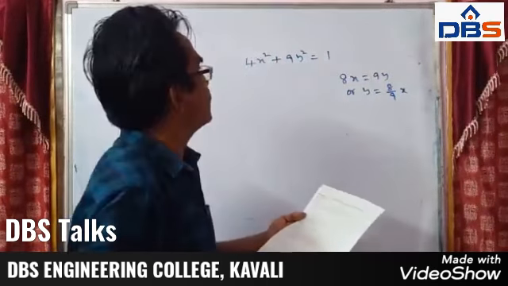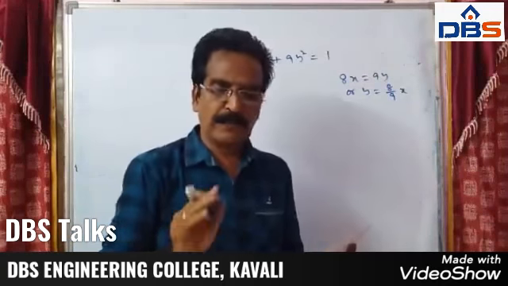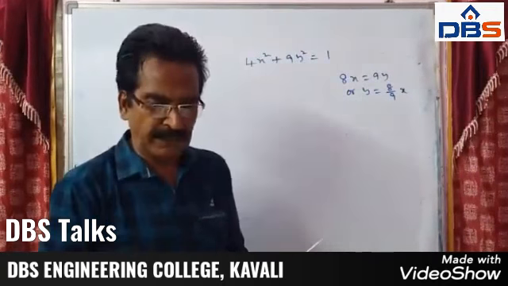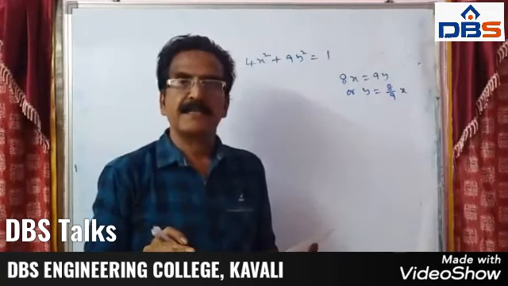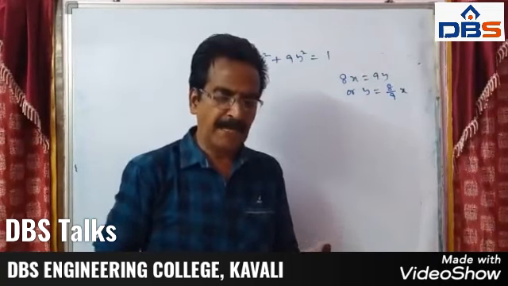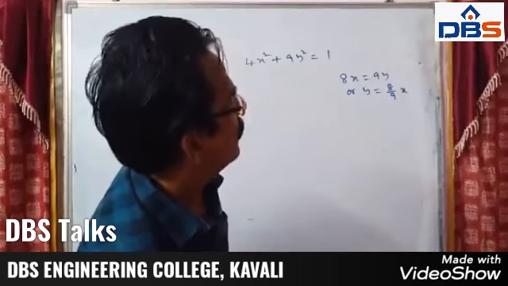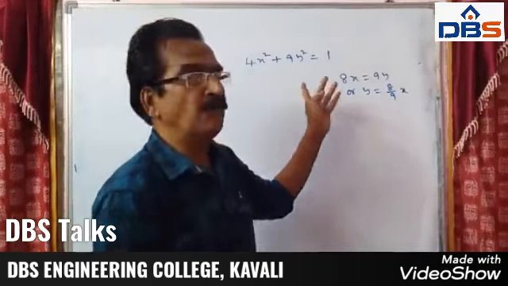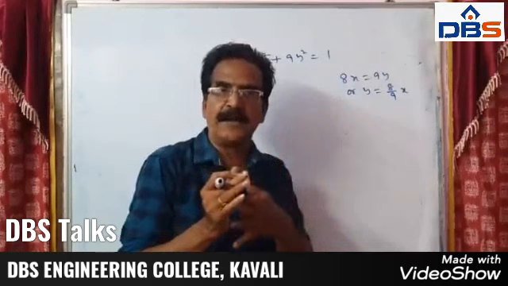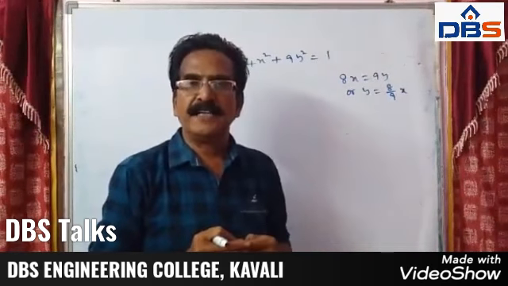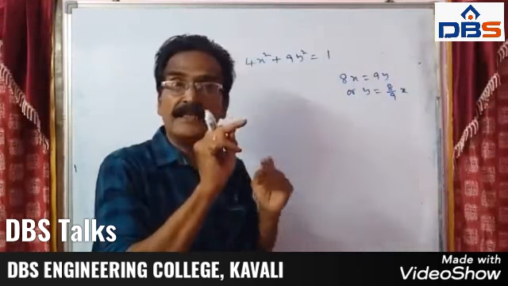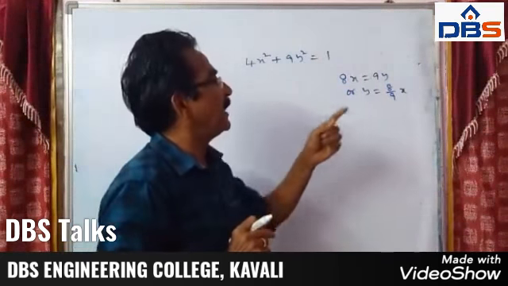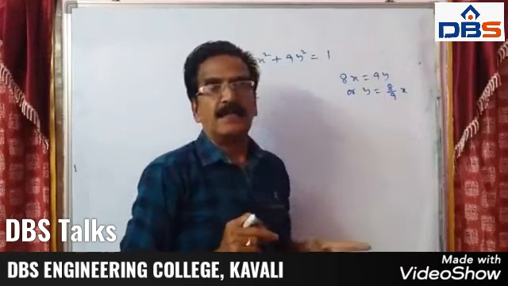So on the ellipse 4x square plus 9y square is equal to 1, we have to find the points at which the tangents are parallel to this line.